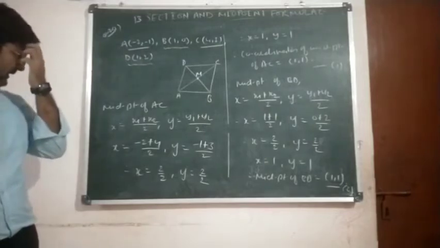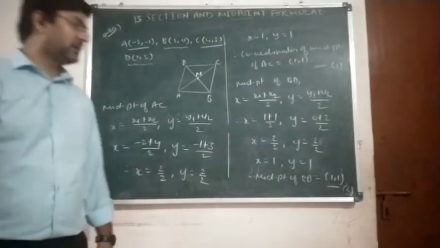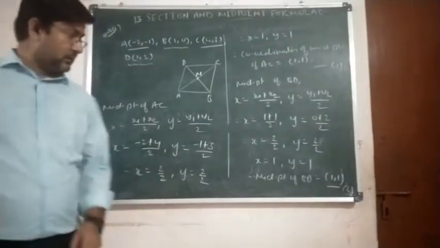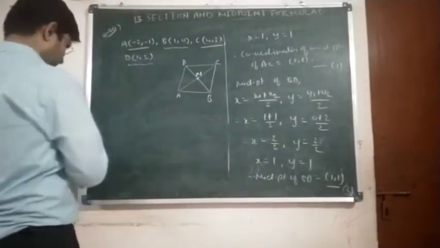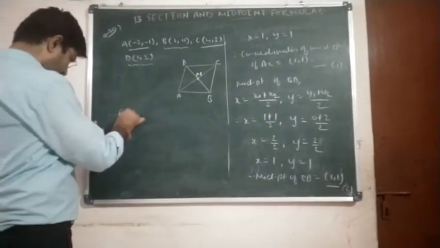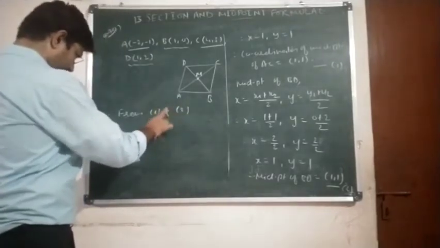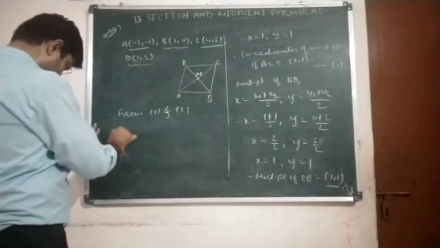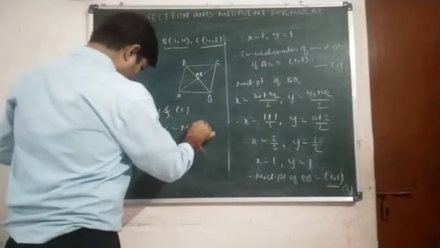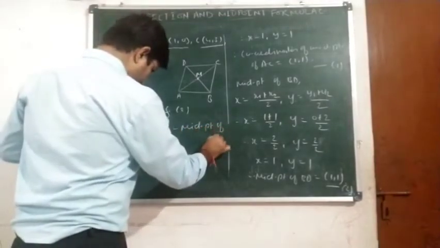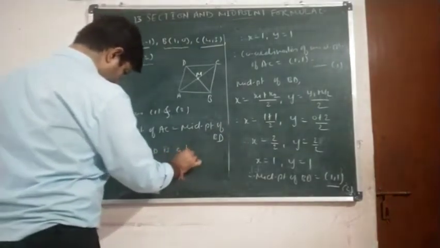So that last statement we will write down: from 1 and 2 we can say that the midpoint of AC is equal to the midpoint of BD, and therefore ABCD is a parallelogram.